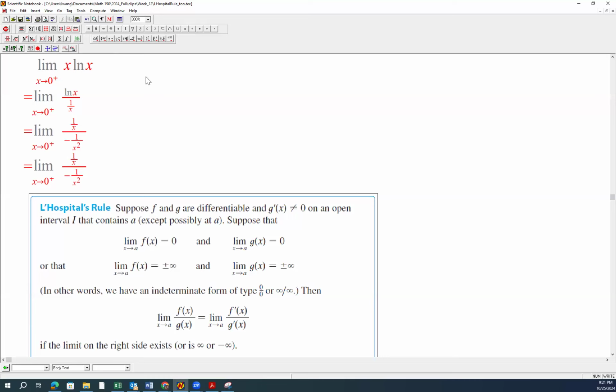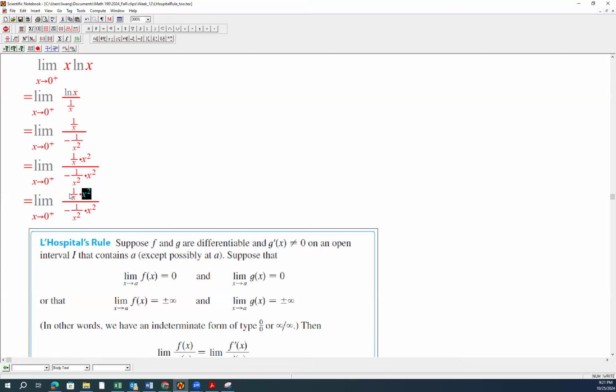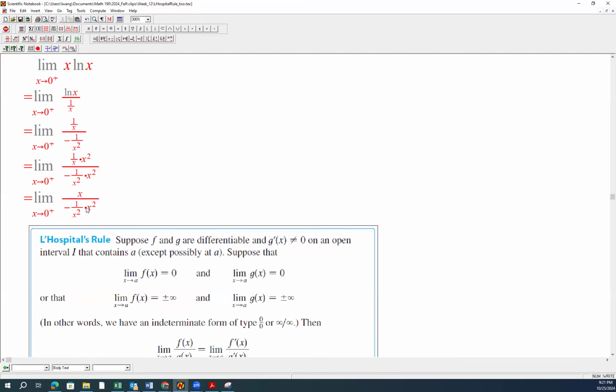Well, you just multiply the top by x squared and the bottom by x squared, which is the common denominator. On the next step, this piece is x, and this piece is just negative 1. When x is approaching 0, it's a direct substitution, so it's going to be 0.